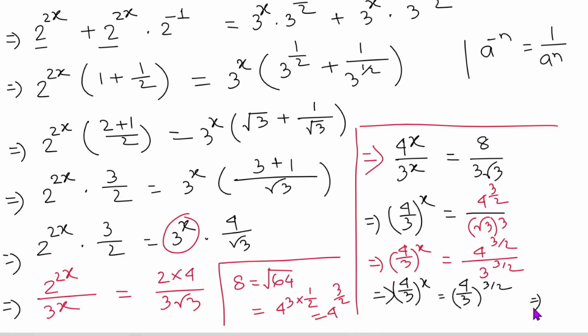So our answer will be x equals 3 by 2. How? Because here bases are the same, which is 4 by 3. Once bases are the same, that time powers will be equal, because we know a to the power m equals a to the power n means m equals n. Very simple. So our answer is x equals 3 by 2.